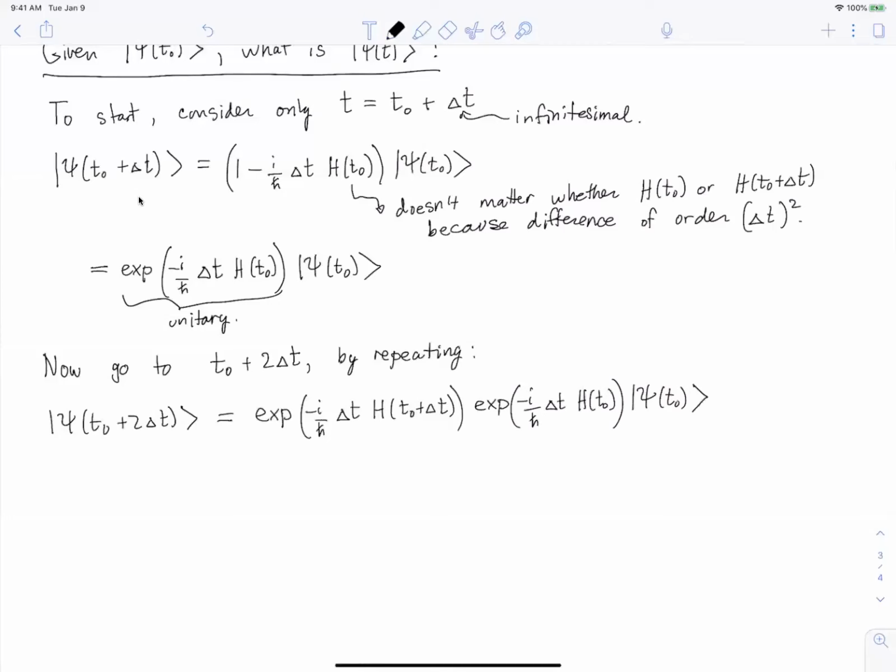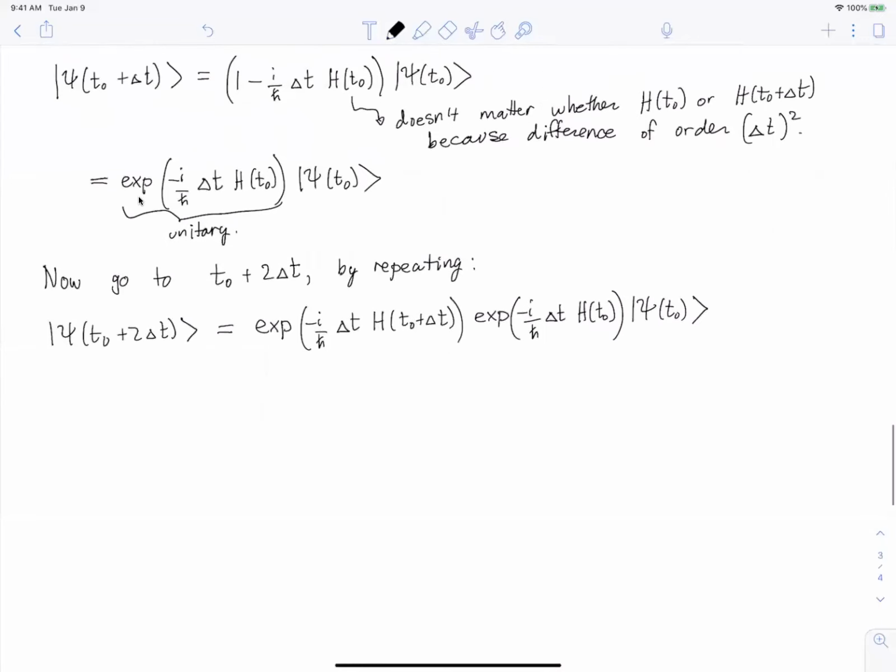Okay, now before continuing, let me just mention that it might be tempting to combine these two exponentials, but you can't. So that exponential and that exponential cannot be combined. And the reason is because we're assuming the Hamiltonian depends on time, and therefore they don't commute. They're not just like numbers.